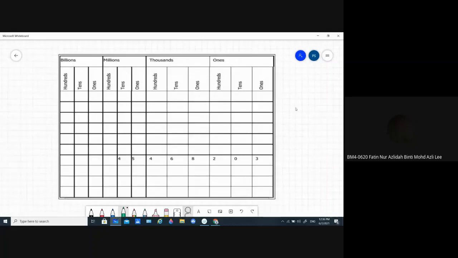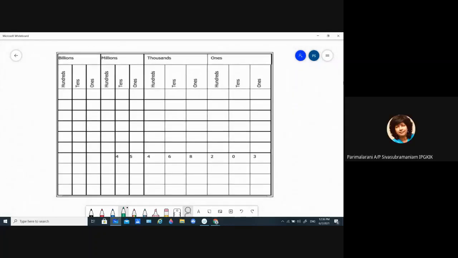Okay, say we want to read numbers. What do we call these ones, thousands, millions, and billions? Place value. This one we call place value. Ones, tens, hundreds, all these are place values, right? Yes, correct, you're correct.